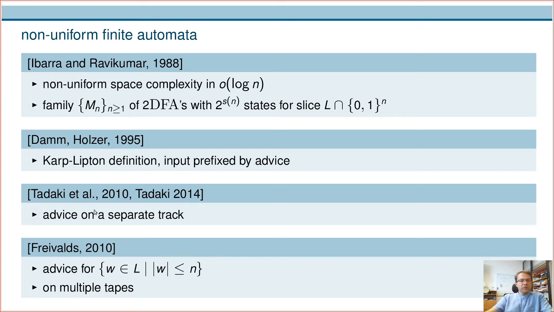And also a notable paper from 2010 by Freivalds uses a slightly different model of advice. For him it's just a use case of a broader concept, so it's really an insightful paper.